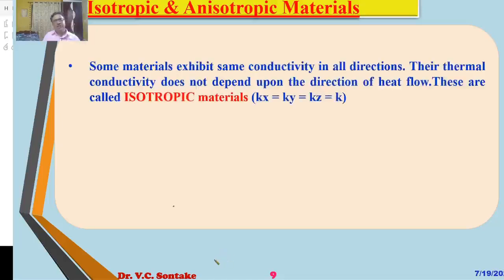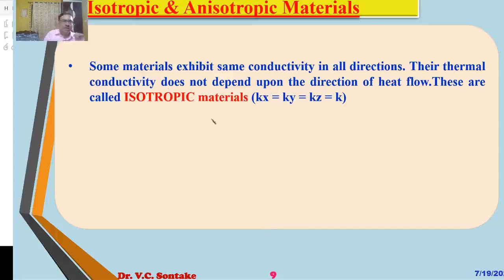Now there are some materials whose thermal conductivity does not vary with reference to the direction of heat flow. That is, their thermal conductivity will be constant irrespective of the direction of heat flow.